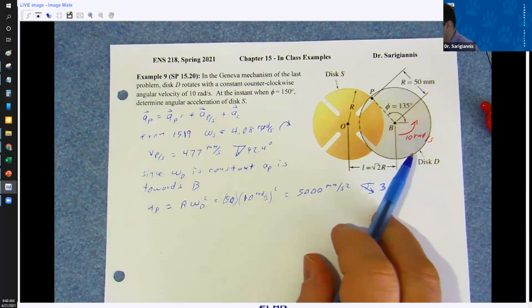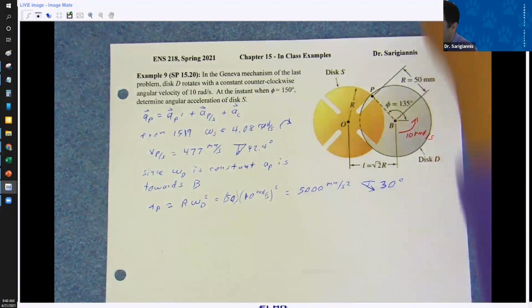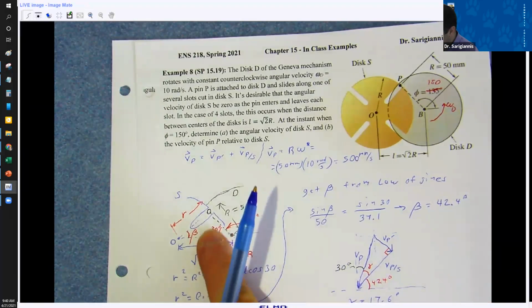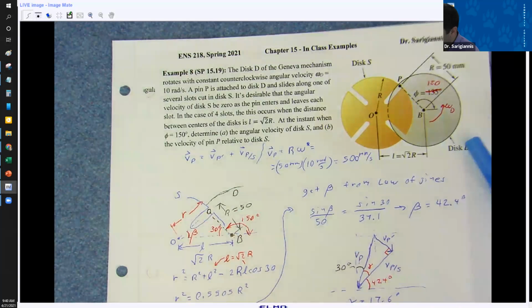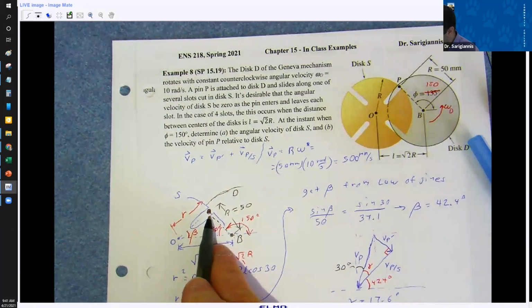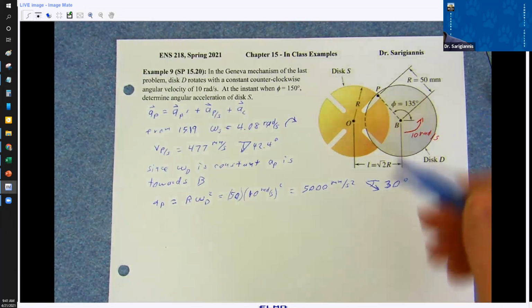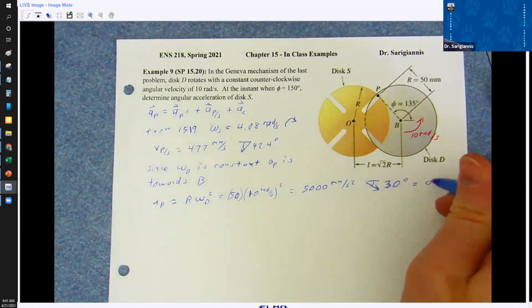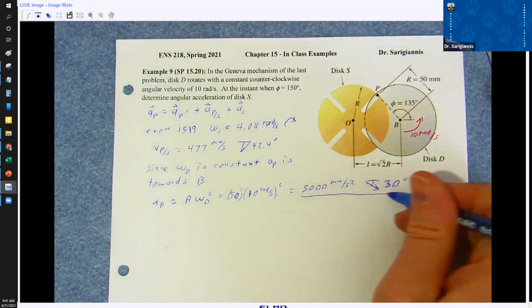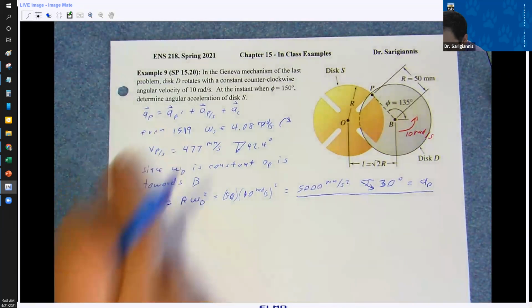Remember, that comes from the 180 minus the 150, back here. This is our solid pin. So acceleration is towards the center of rotation of disk D. This is equal to A of P. Let me just put that in its own location here. So we've got that component.